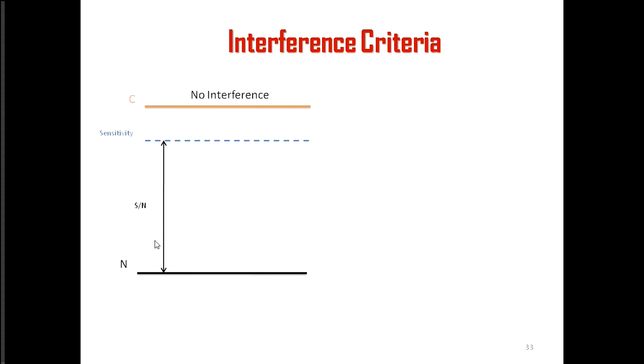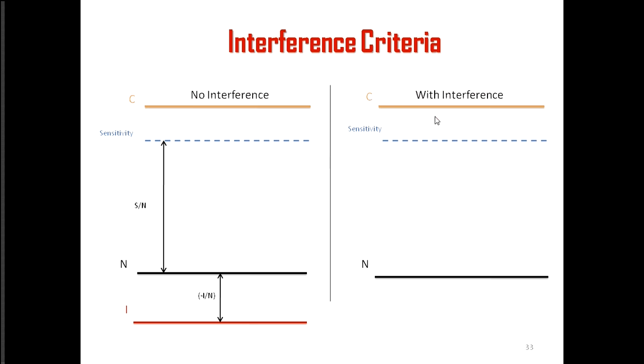From that, we know the margin from this value to this value, which is set by the manufacturer, and the noise should also always keep a certain margin. For example, in digital broadcasting, the N over I should always be minus 6 dB, meaning the I should be lower than the noise by 6 dB. If it's higher, then you have interference.